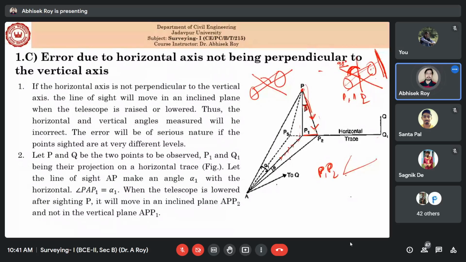It will go down as it is, like a perpendicular. But as the vertical axis is not 90 degree with the horizontal axis, it will follow this kind of path. So obviously there will be some kind of error which is known as beta. If this beta error is there, then we can calculate the P1, P2 from here.